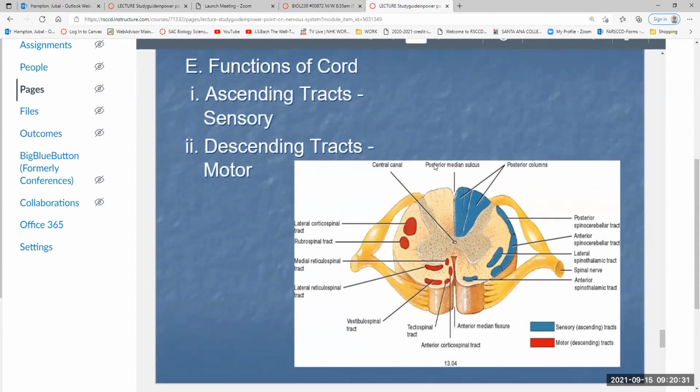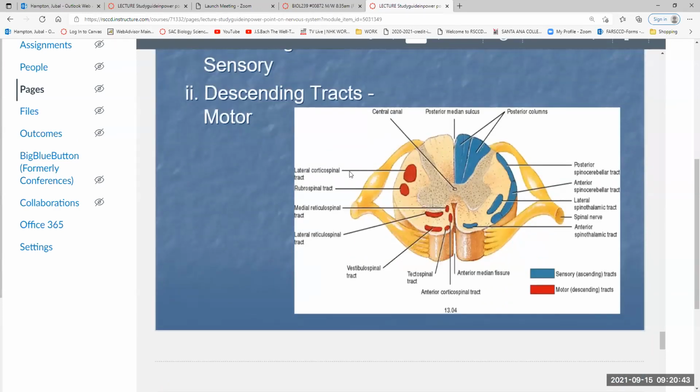All you have to learn is that ascending tracts carry sensory information and descending tracts are going to carry motor information. Again, that's for body movement. Note the organization of the spinal cord into columns. We call these columns, and these columns are what are going to carry the tracts, the highways.